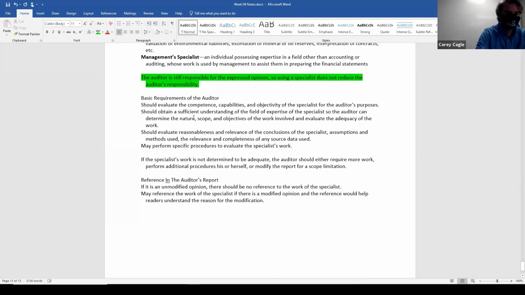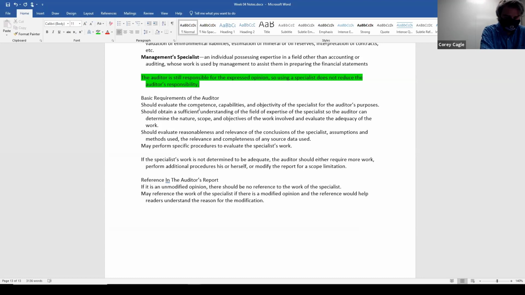We need to make sure that the specialist is competent, make sure they're objective. We need to get a sufficient understanding of their field of expertise so we can kind of figure out what they need to do to be adequate, right? We need to somehow evaluate the reasonableness of what they've concluded.